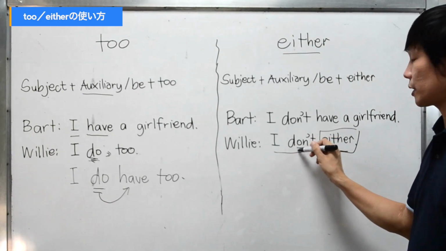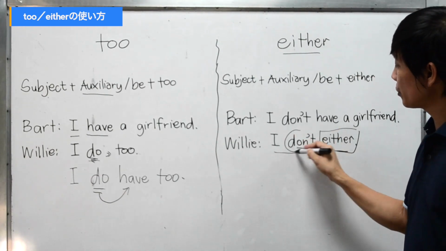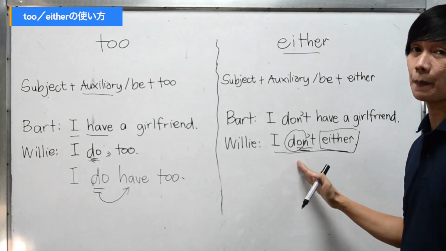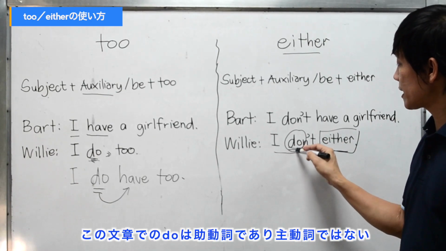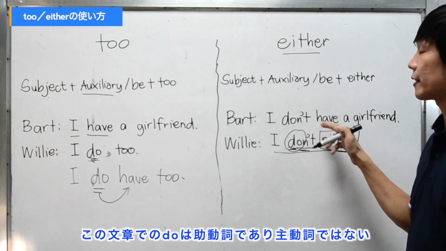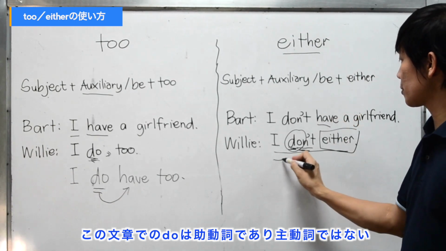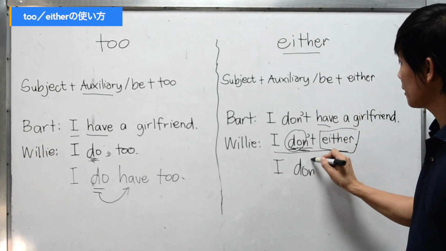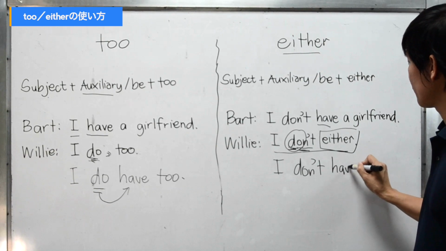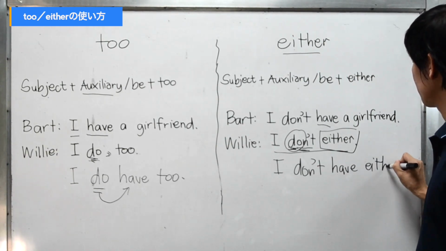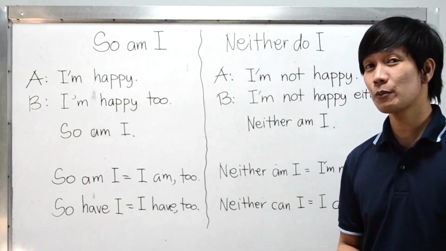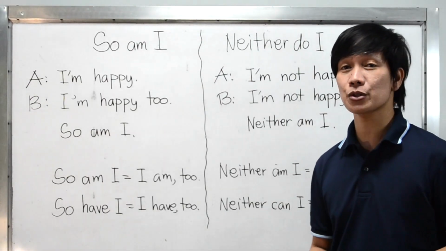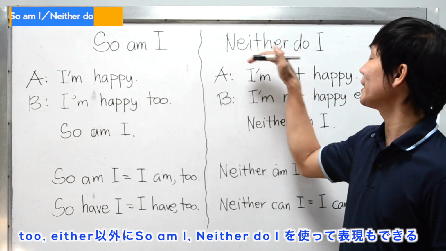There is don't here. So again, do here is not the main verb, but an auxiliary. As I said, this is just helping the verb have, because you can also say, I don't have either.